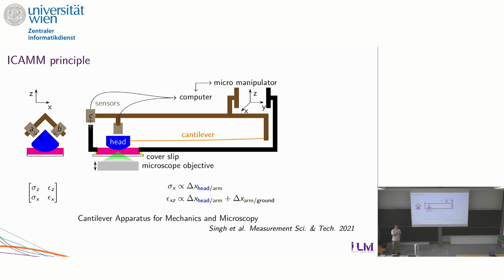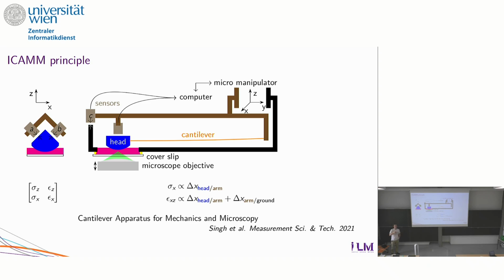Oh, and by the way, giving back to Caesar what belongs to Caesar, the original idea of that was from Hélène. And with this, the kind of experiment we'll be able to do is to apply a constant shear stress and control the gap normally.